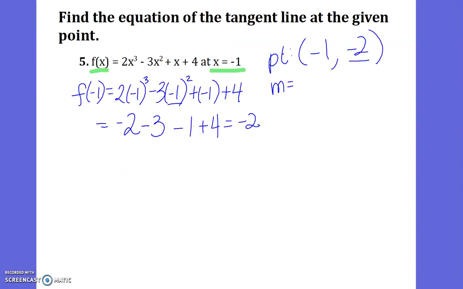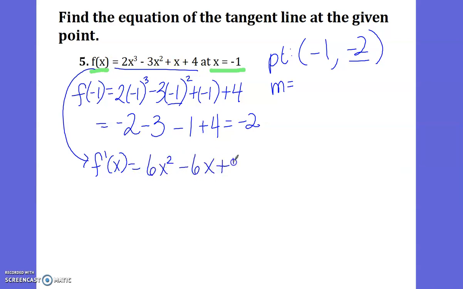Okay, so now I've got to find the slope. That means I need to take the derivative of this function to find the slope. Taking the derivative, I get 6x squared minus 6x plus 1, just going term by term. I am trying to find the slope at x equals -1, so I plug -1 into this function and simplify.